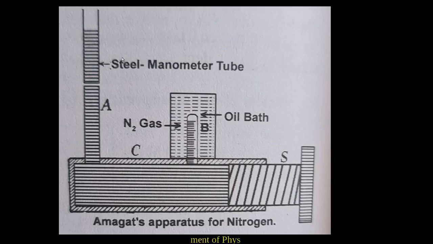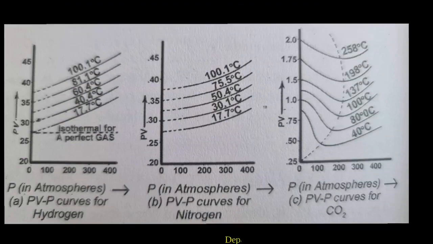And now Amagat plotted the graph of PV versus P for different gases. In this study, first he took the pressure on the x-axis in atmospheres and PV on the y-axis for hydrogen gas, for nitrogen gas, and for carbon dioxide.